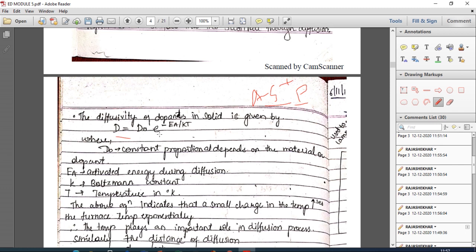The exponential term represents the activation energy during diffusion, the energy generated once you diffuse the dopants into the p-type material. That energy is Ea. K is the Boltzmann constant and T is the temperature in Kelvin. This is the diffusivity of dopants in solid, just an equation to represent the theory part.